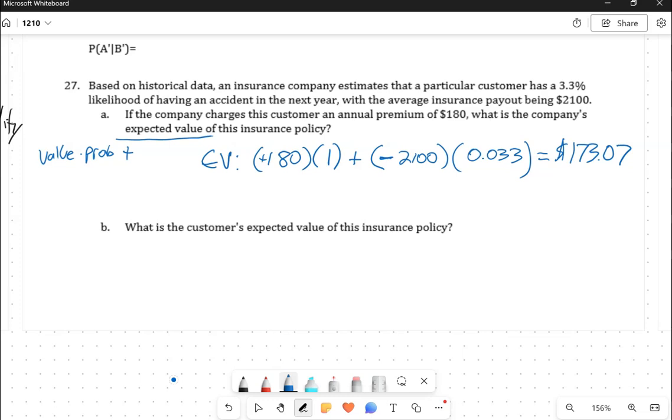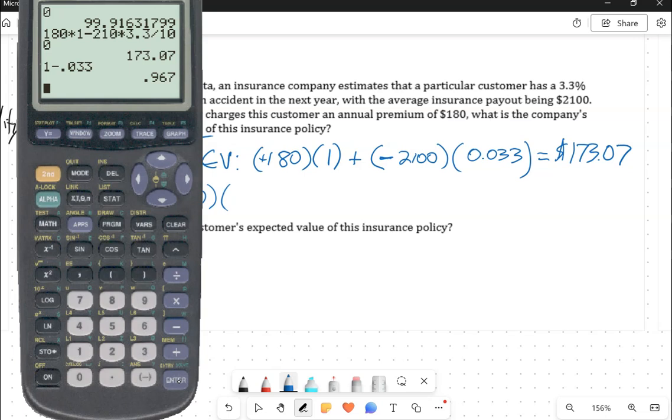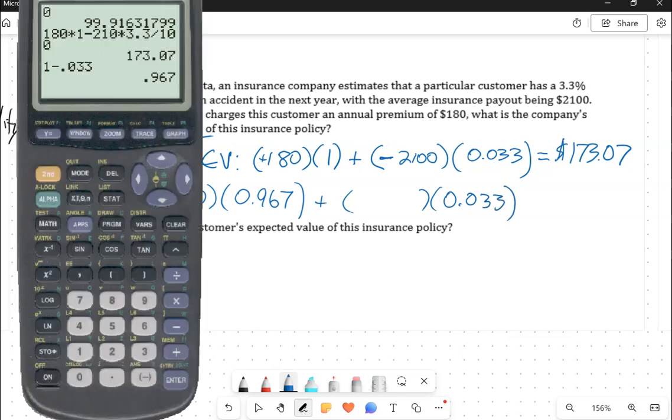The book's approach to this, which is the way you might have practiced, so I'll make sure to show you, is that you get $180, not all the time, 96.7% of the time, and the rest of the time, you pay the $2,100, however, you use the $180 that they gave you to offset the charge.